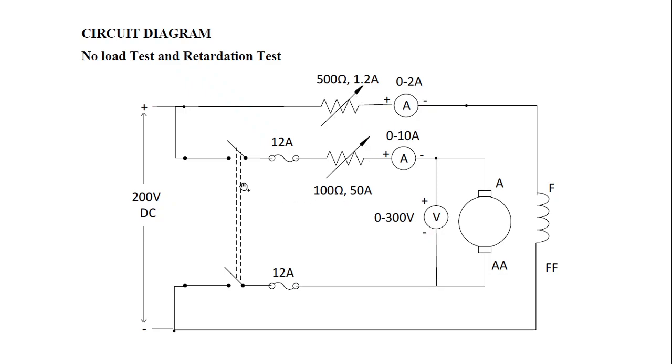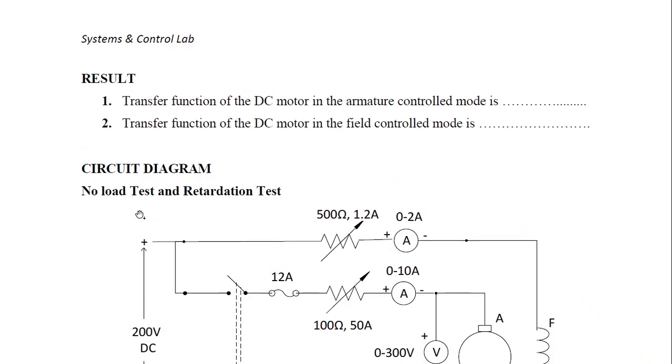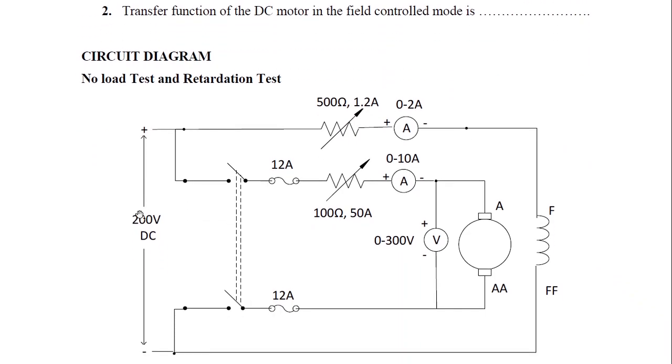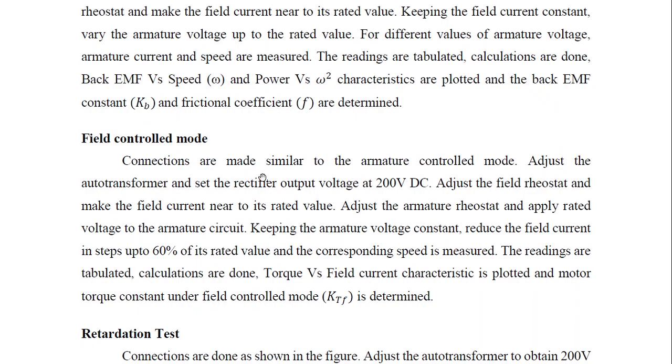You have to switch on the power supply, and then make the armature current constant. The connections are made similar to the armature control mode. Then adjust the auto transformer.